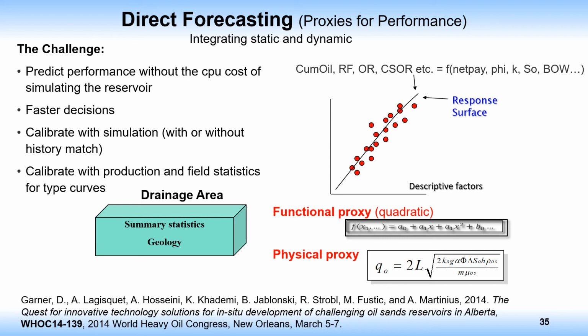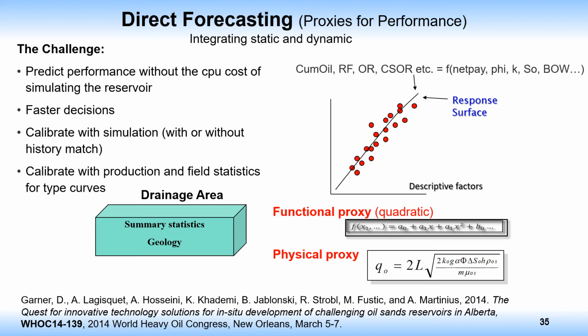Now we do need to simulate for calibration, but what we're doing is running the simulator over the small block area and getting results on it using the different realizations and varying some of these parameters. So we can look at the geologic parameters: net pay thickness, porosities, vertical perm, saturation, bulk oil weight, and the thicknesses, the net pay, or even gross pay thickness, net to gross.